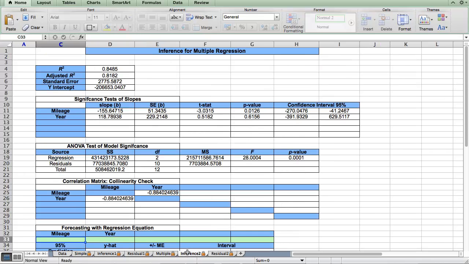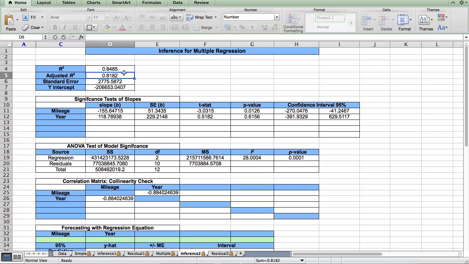So now let's look at our results. First of all, remember that when we are trying to get a percentage of explained variability, if we have more than one independent variable, such as we do here, mileage and year, we would use the adjusted R-squared.